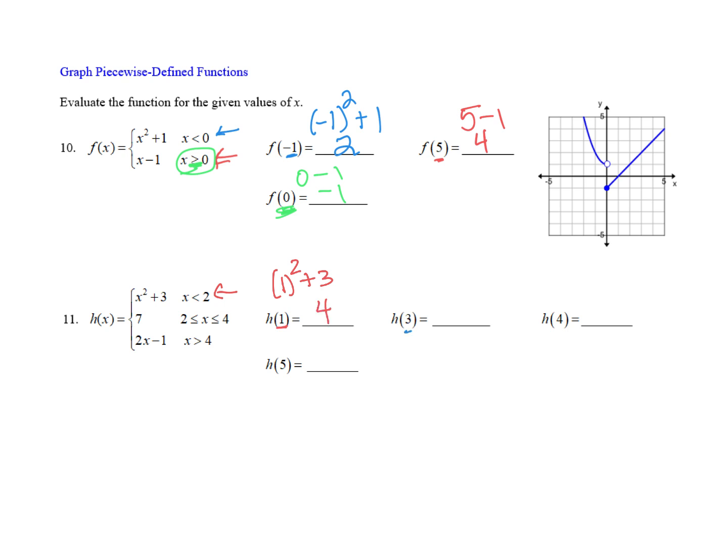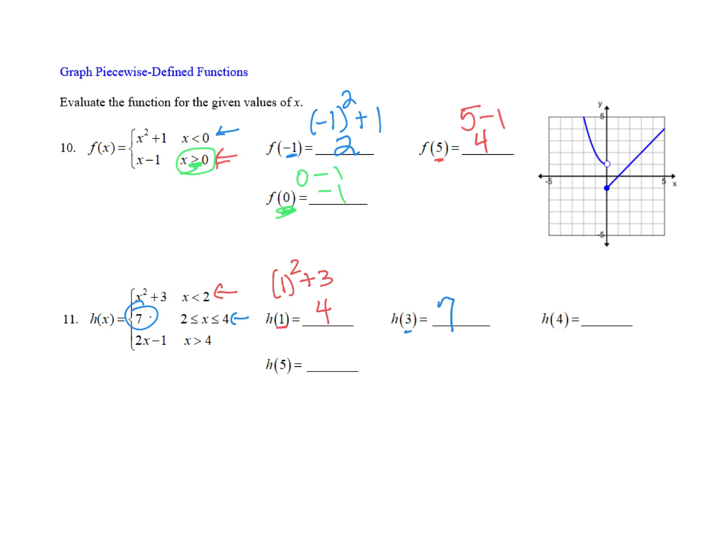Then where does 3 fall? Is 3 less than 2? Is 3 between 2 and 4? Or is 3 greater than 4? Well, 3 would be between 2 and 4. So when I plug 3 in, notice this one's a little bit special. This one is 7, no x values. So h of 3 is simply 7 because I don't have anywhere to plug in my 3.